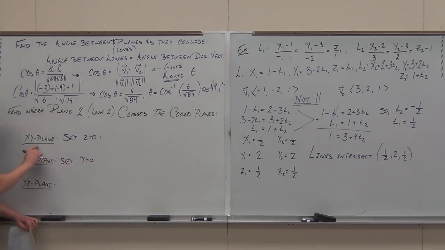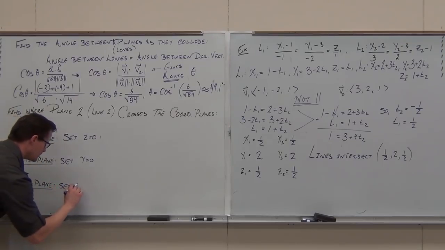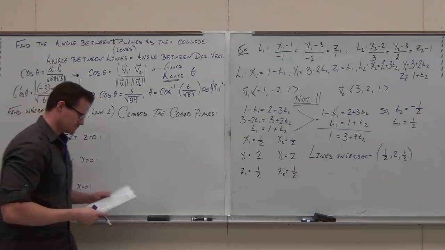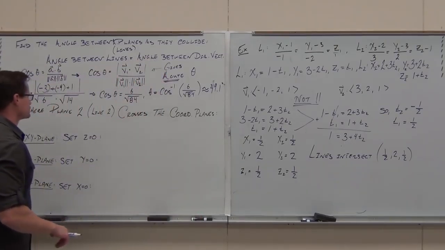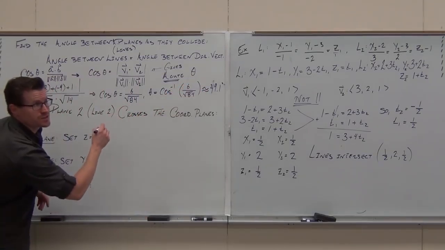So whatever plane you want, whatever variable is not listed, set equal to 0. Now I'm talking about plane 2, line 2. So line 2 was this one.